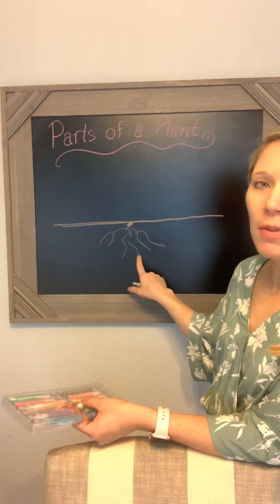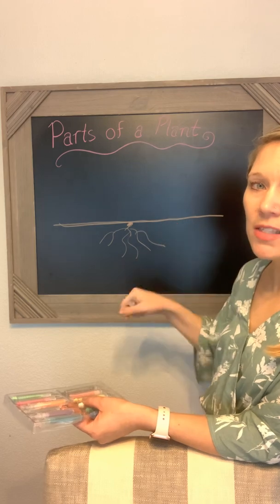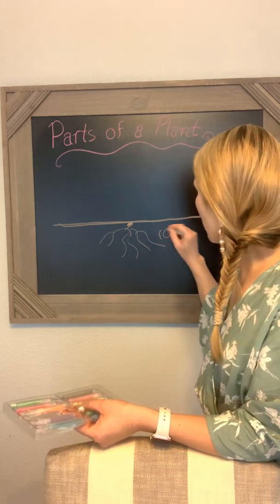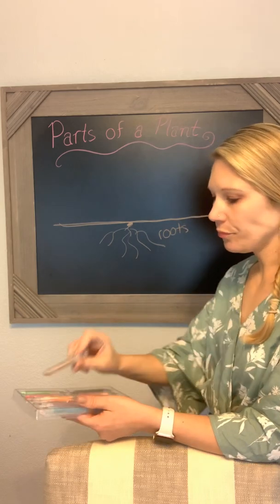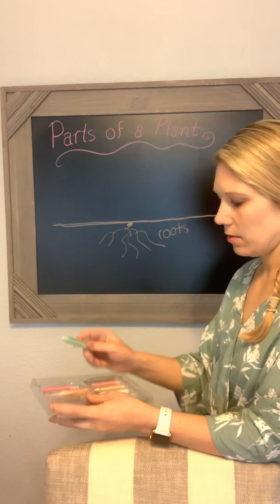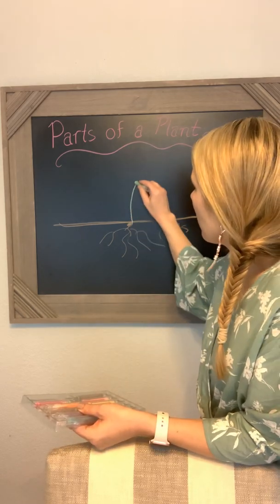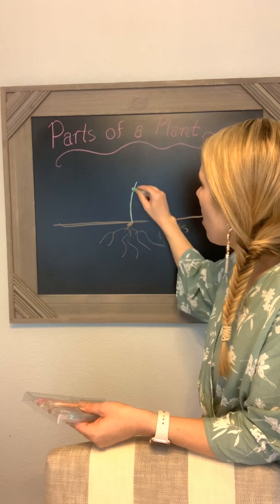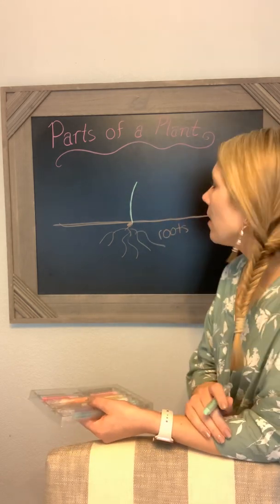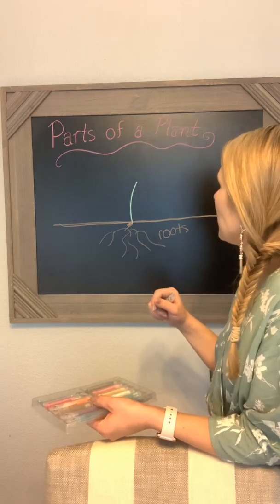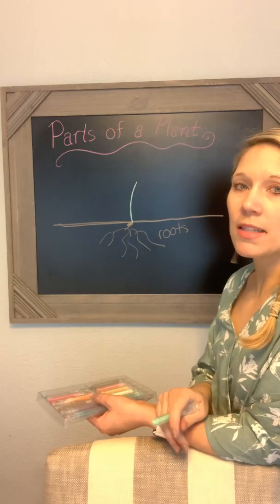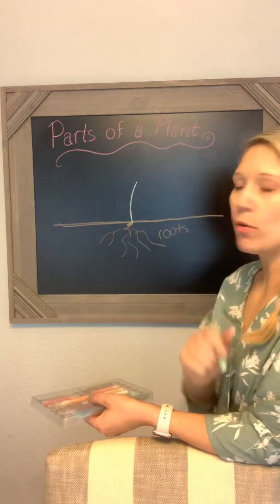What are these parts of the plants called that are in the soil below the ground? What is this called? These are your roots. Well, up from the roots, you have this long, straight green thing for many plants, not all plants, but when we have a flower, what do we call this part of the flower that's tall and green and holds the flower up?